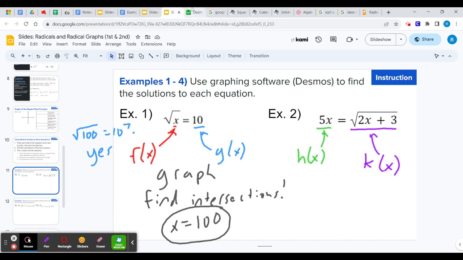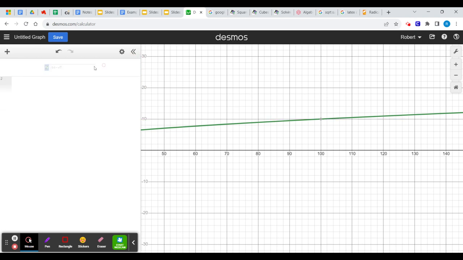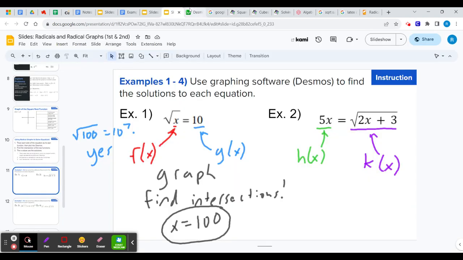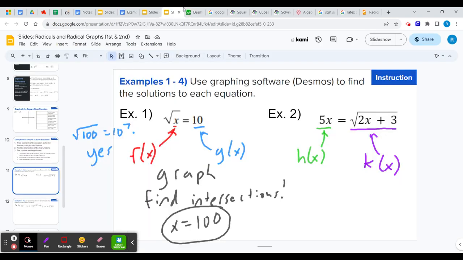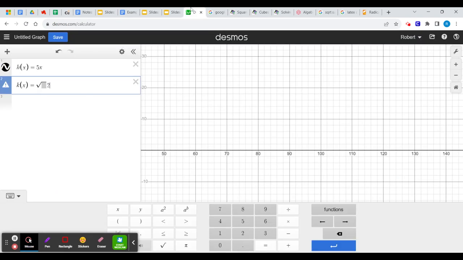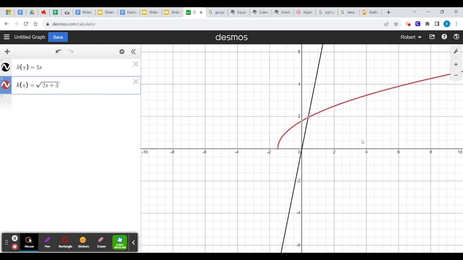But if we go ahead and graph this in Desmos, let's clear out our old stuff. We said we had h of x equals 5x, and k of x equals that square root. And underneath the square root, we have 2x plus 3. Let me home in my Desmos screen.